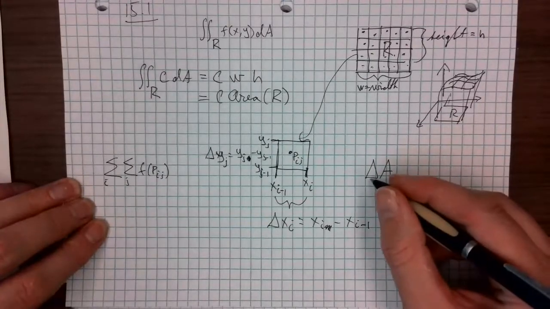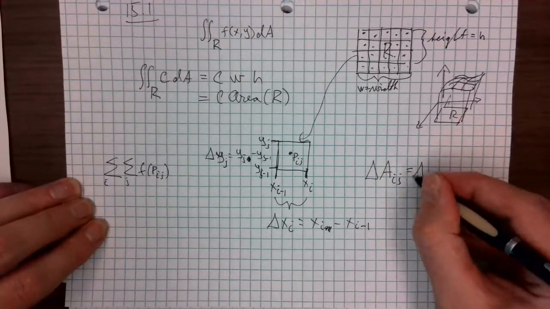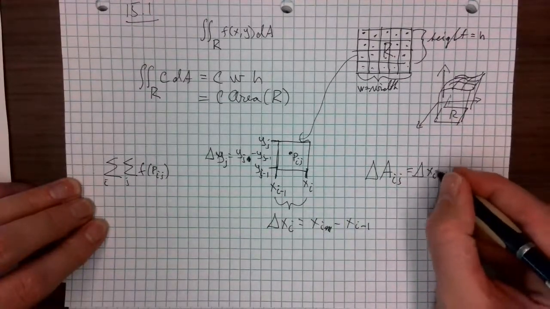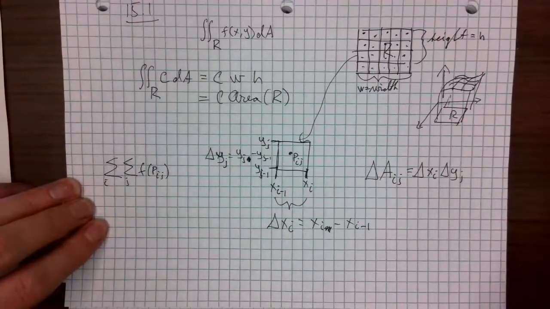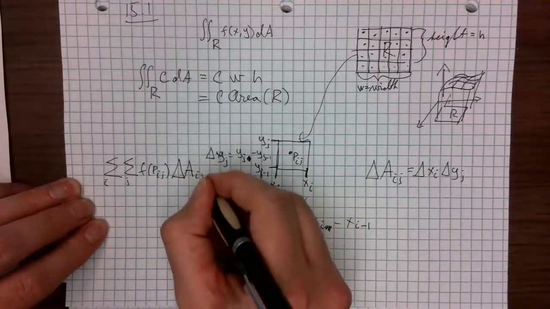Let's call it delta A_ij, and this is just the width delta x_i times delta y_j. So delta A_ij.